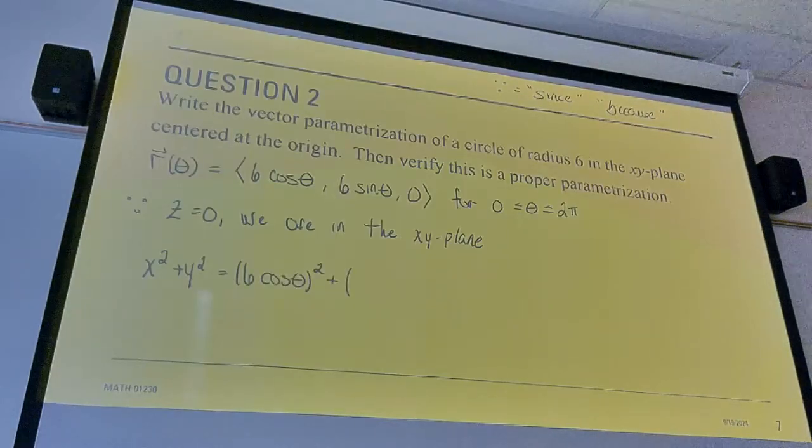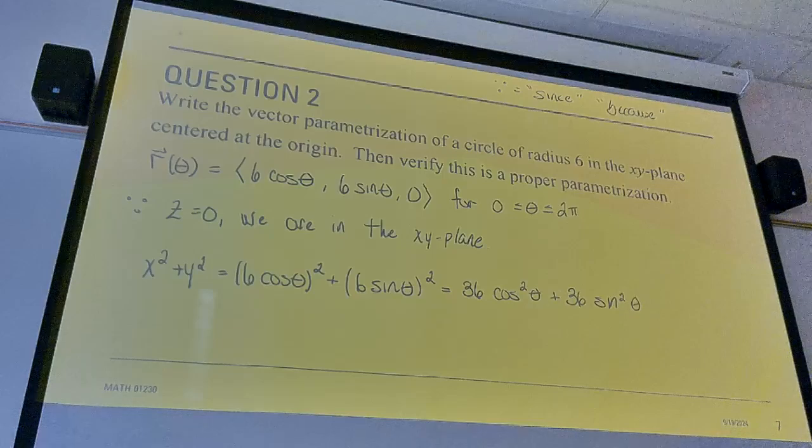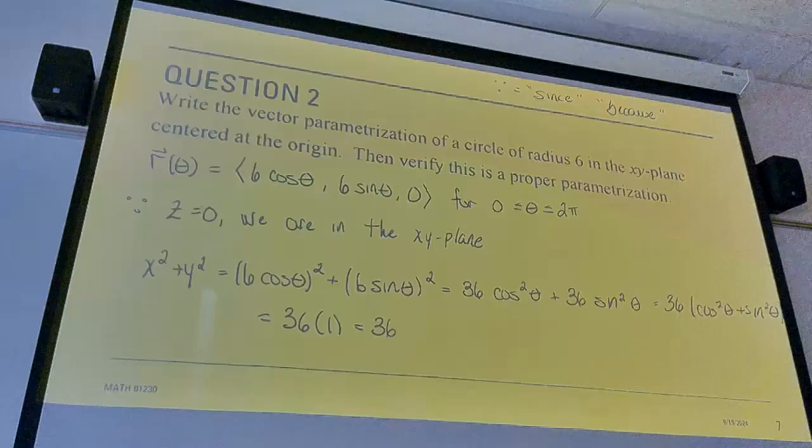What was y? That better equal 36. X squared plus y squared equals 36.